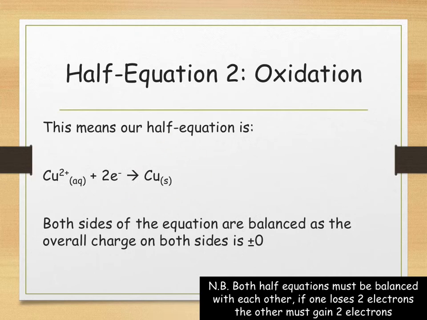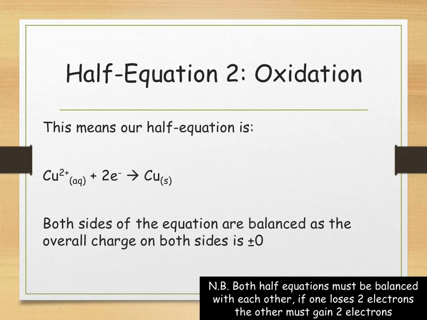As with the previous half equation for reduction, the charge on both sides is equal at 0. We have a 2+ ion gaining 2 electrons, making 0, and our atom which has a charge of 0. It is important to note that when writing half equations, both half equations must be balanced with each other.